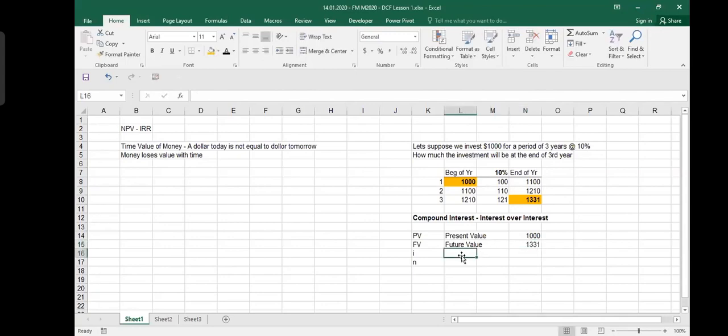And I is your, now that's a tricky question. What is I? For the moment, you can call it interest rate. It could be opportunity cost. It could be called inflation. And more appropriately, it is your WACC, weighted average cost of capital. What is weighted average cost of capital?